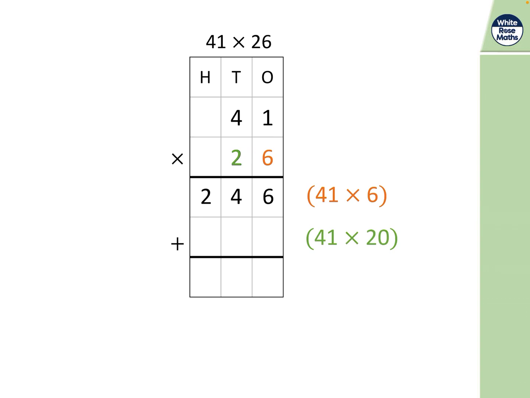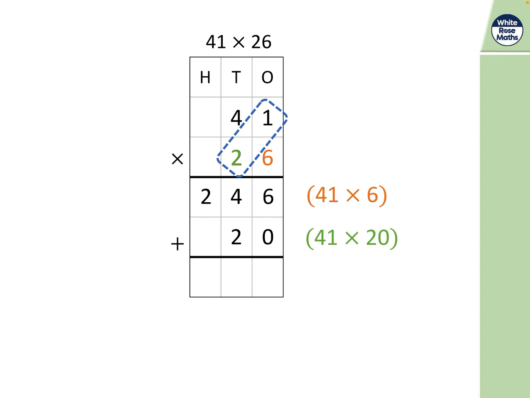So remember, next up we are multiplying by a 10. We're going to be doing 20 times by 41. Now well done those of you that have remembered. What you might want to do is 41 times 2 times 10, or we can just take it in the steps as the steps come. So we are 20 times 1, but remember it is 20 times 1.